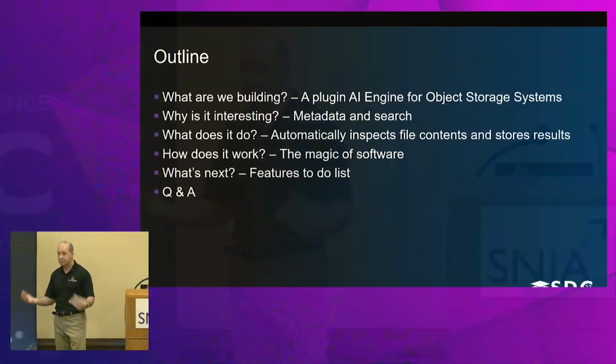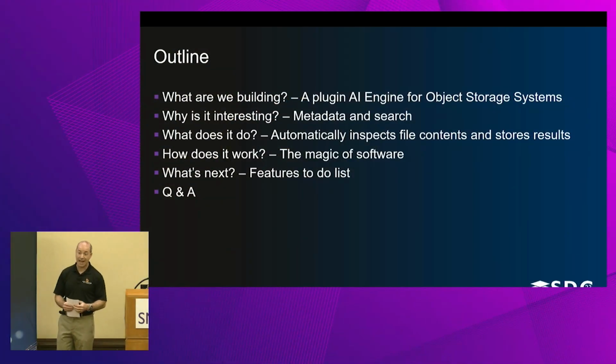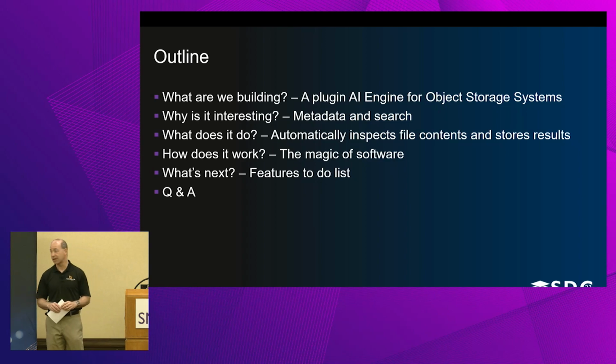And we'll take you through what we did, why we think it's interesting, what it actually does, how it does all of those things, and then what's next on the list of to-dos, because this is a work in progress, and we felt that getting people aware of it earlier is better.